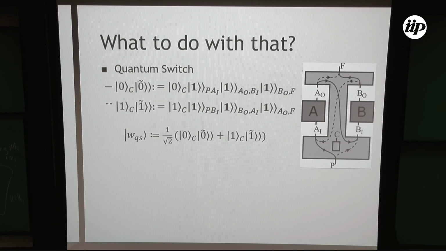And why am I defining these things? Because what we're going to work with are what I'm calling imperfect quantum switches, in which instead of having a 50-50 superposition, we have some skewed superposition, possibly 99% here and 1% here, or whatever we want. And we're going to work on these. So the point is that if we had a 50-50, we would have the paradigm of these structures, a quantum switch.